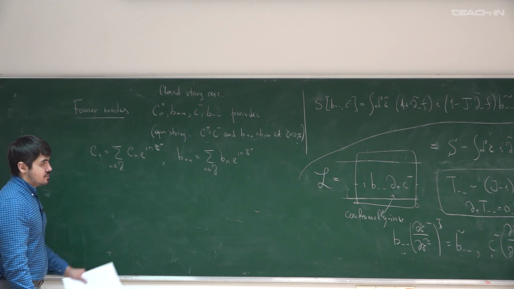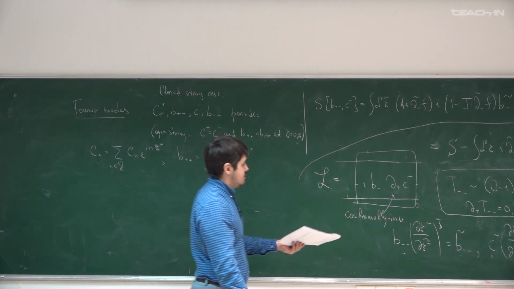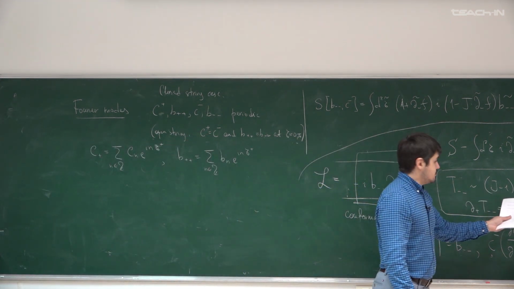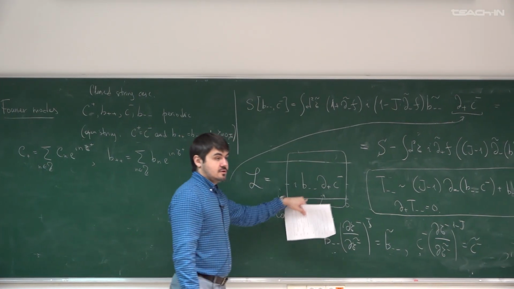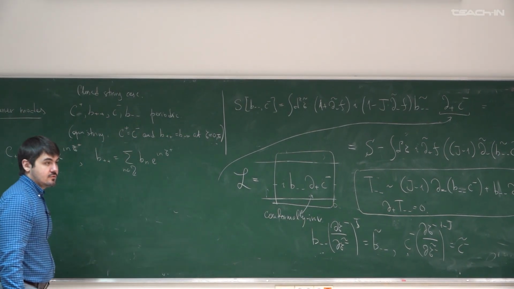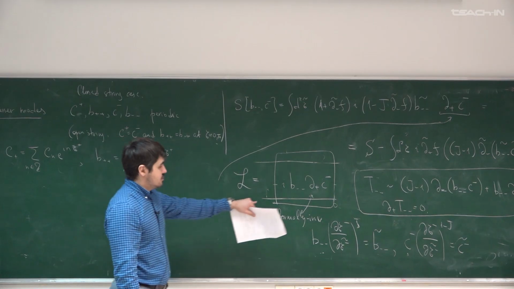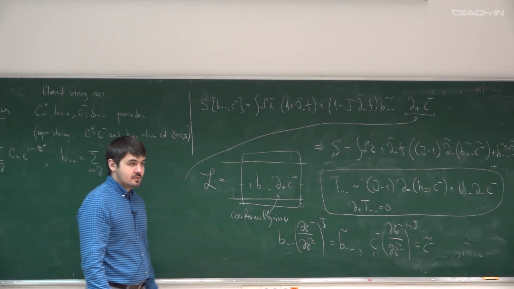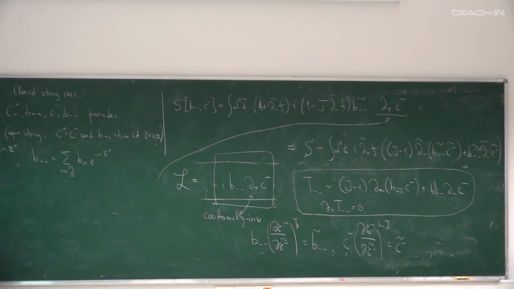And we can as well canonically quantize this action, right? It's already in first order form, so it's clear that B and C are canonically conjugate variables, right?